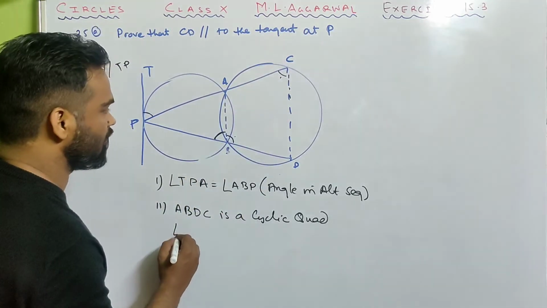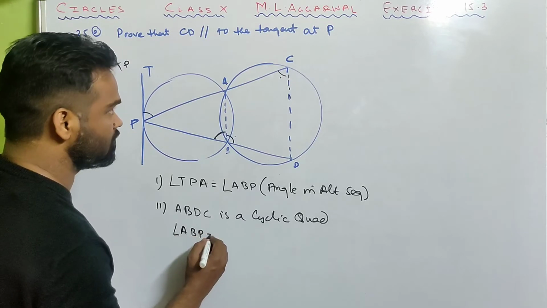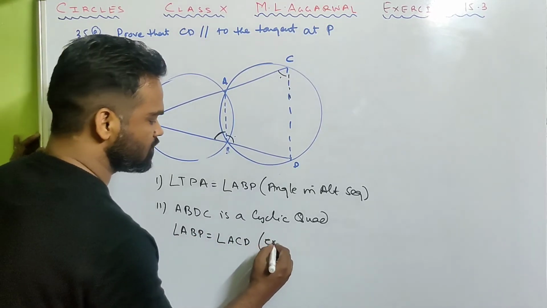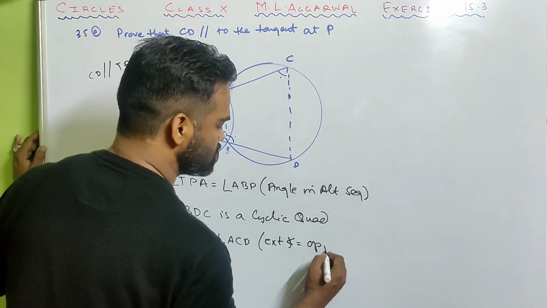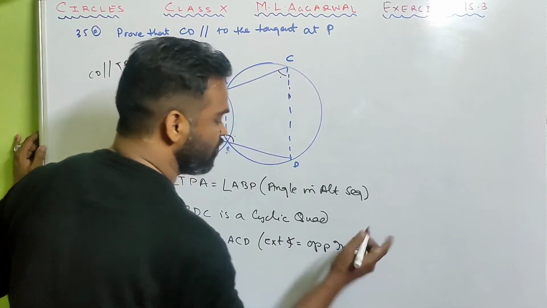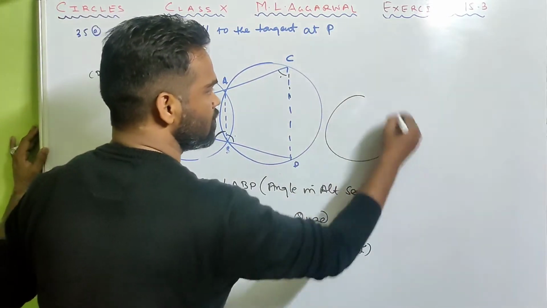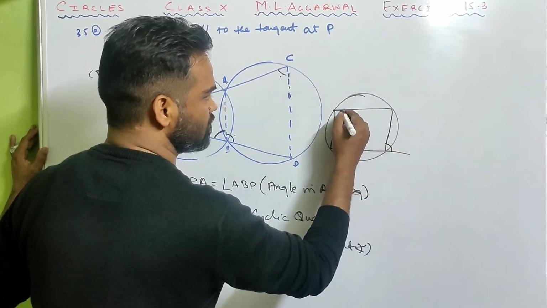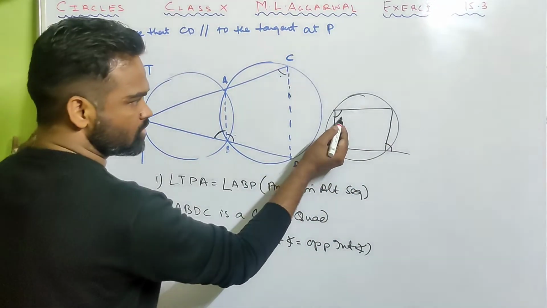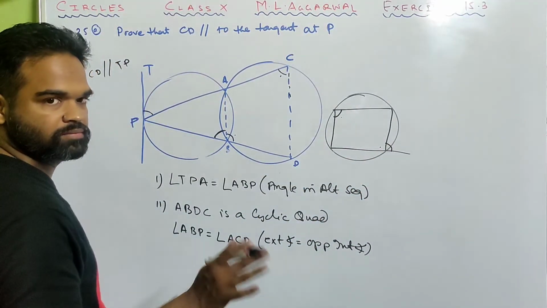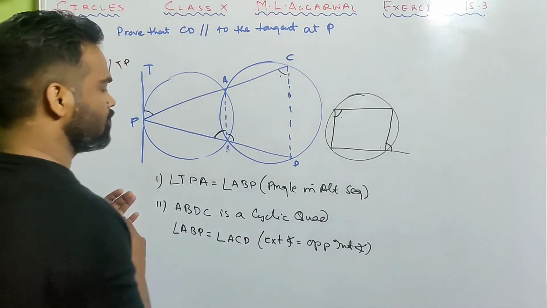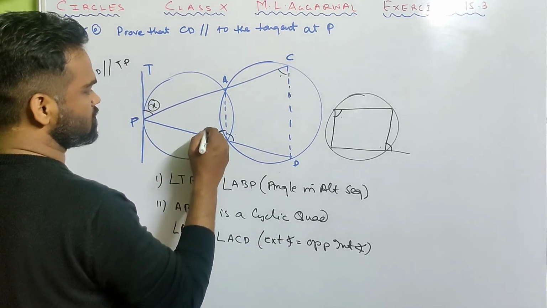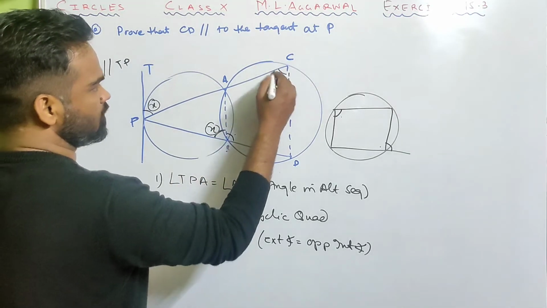So we can write that angle ABP is equal to angle ACD. Exterior angle equals opposite interior angle in case of a cyclic quadrilateral. Try to understand, this angle and this angle are equal because these two angles are supplementary. Okay, now look carefully. Suppose this was x degrees, this is x degrees, this is x degrees.